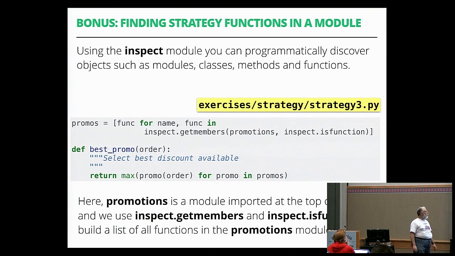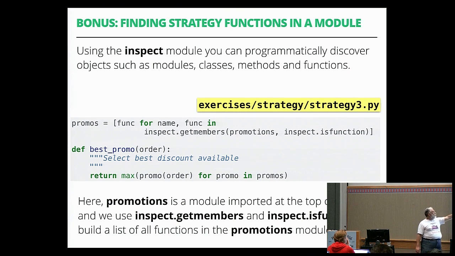And what I do here is I put all the promotions in another file, in another module. And so this promotions here is actually the module that I import elsewhere in the program.